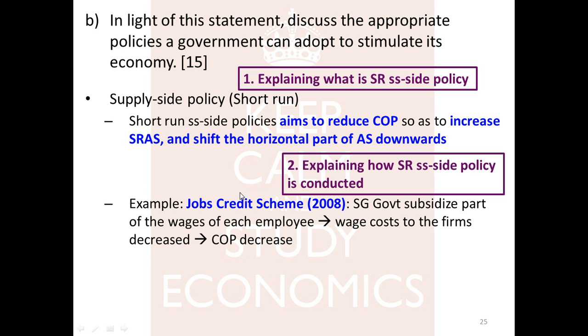For example, in 2008, there was this initiative known as the Jobs Credit Scheme, whereby the Singapore government actually subsidized part of the wages of each employee. Okay, so basically what happens is that the wage cost to the firms actually fell. Very simple, the government essentially pays part of the wages. So the wage cost to the firms fell. And that means that the cost of production for the firms will also decrease.